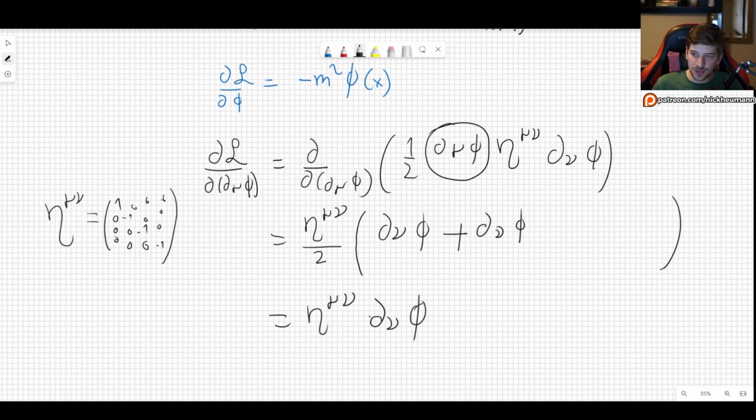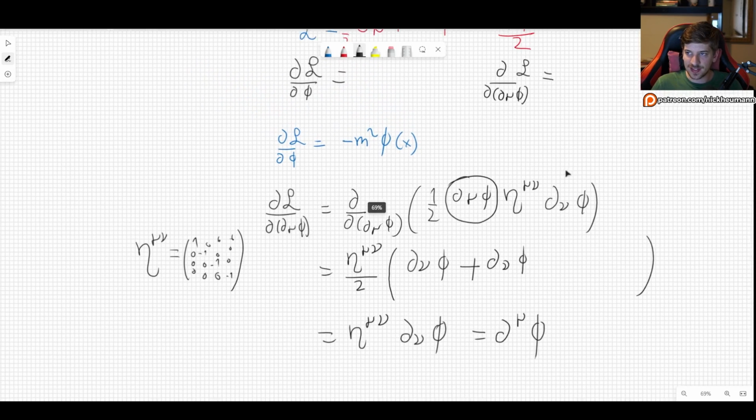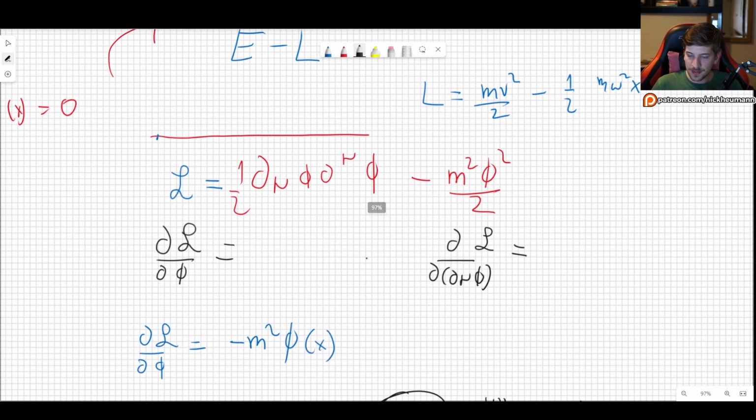But now the metric, what it does here, it's going to raise the index back up, so our result is ∂^μ φ. Okay, so that's what this is in the end. So going back here, this here simply is minus m squared φ, and this thing here is ∂^μ φ.